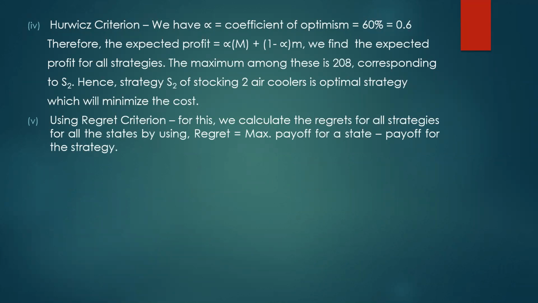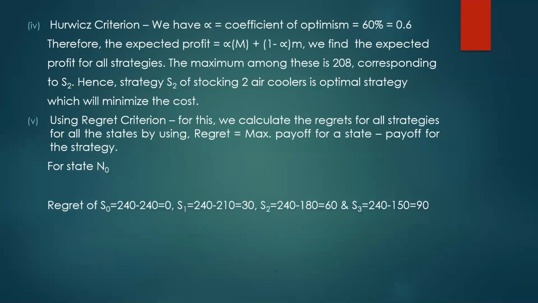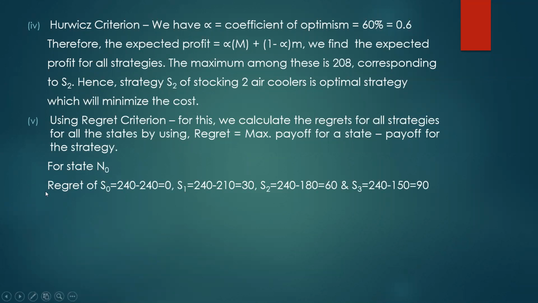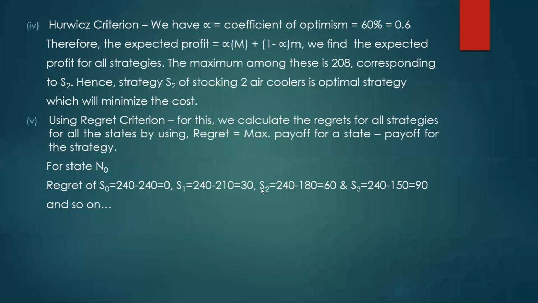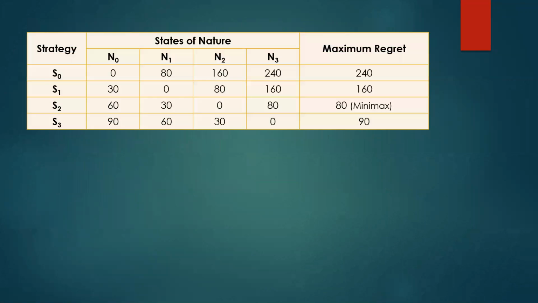Using the regret criteria for N0, this is the formula which I have given you to find the regret for S0. 240 minus 240 gives you 0, and so on. And we get the table like this. So this is my final table of regrets.